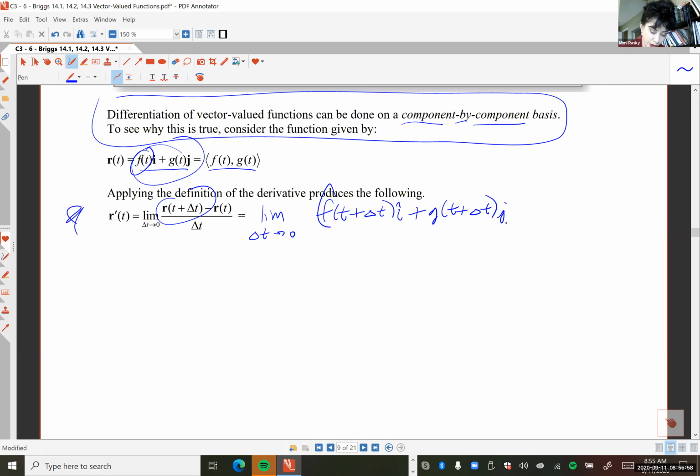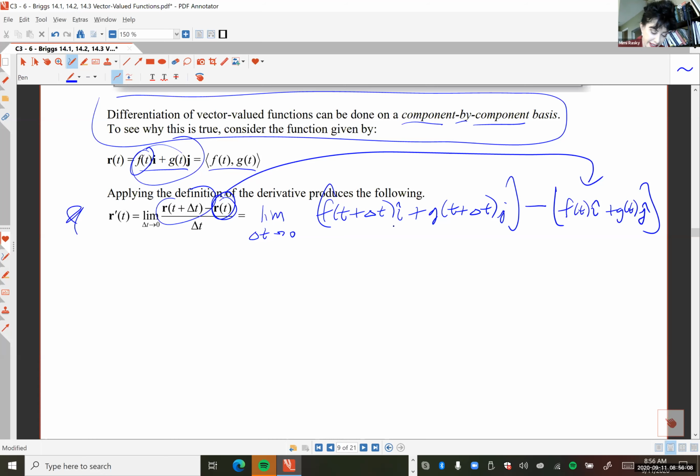So there's your r of t plus delta t, minus r of t, which looks like f of t i hat plus g of t j hat. And that's all over delta t for the denominator.